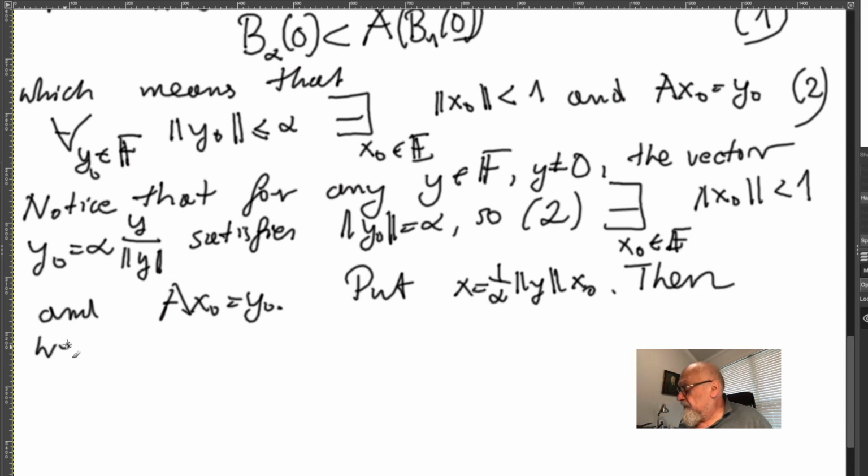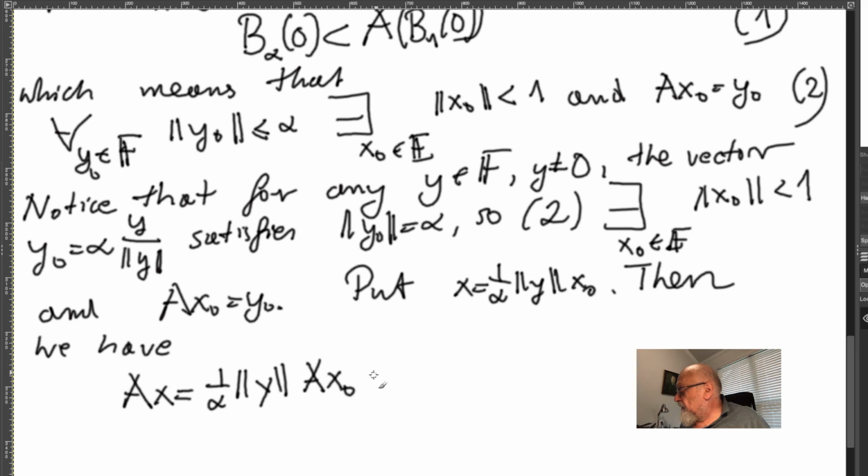And we have A x is equal to the norm of y over alpha times A x0, and this one is equal to the norm of y over alpha times y0, and that one, what was y0? This was alpha times y divided by the norm of y. So we can now do the cancellation.